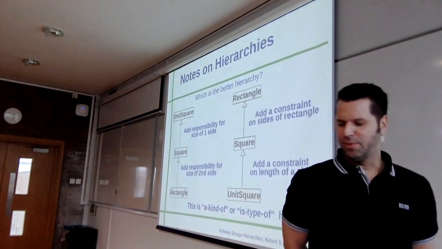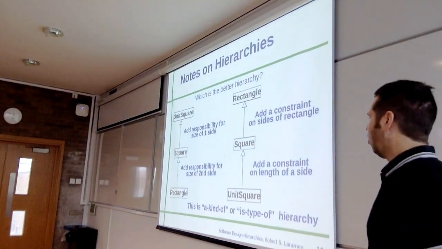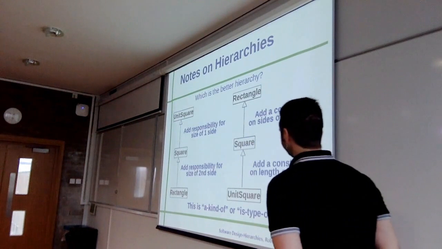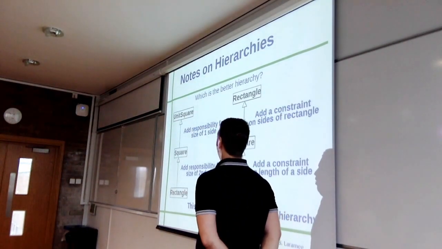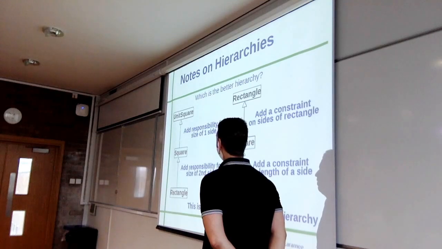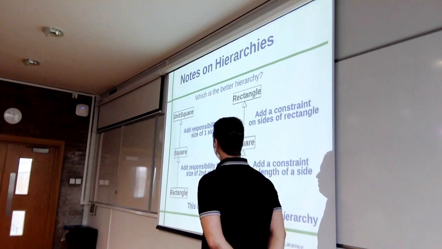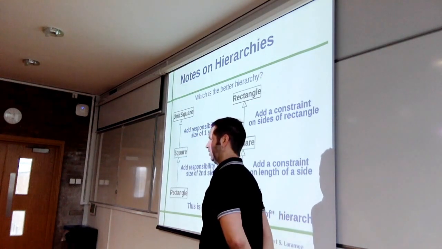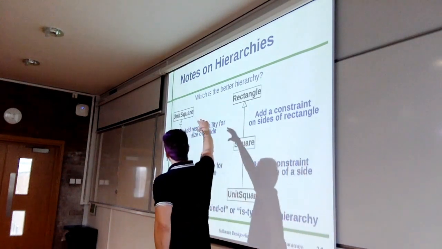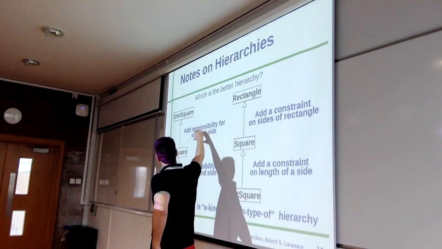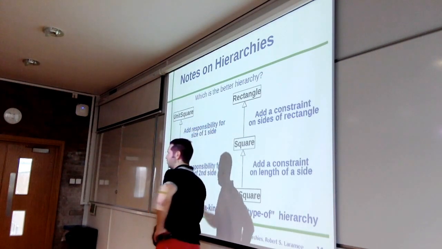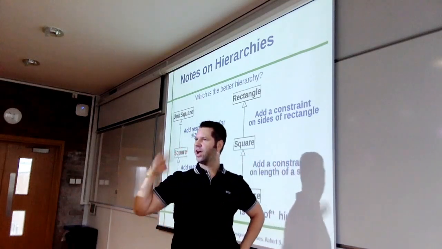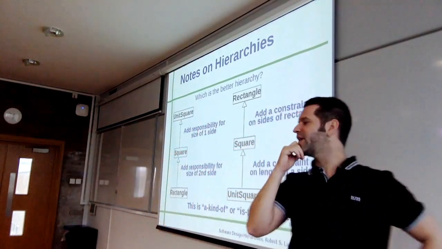So why do people pick the left one so often? I'm going to theorize that people see an increase in complexity. They think unit square is the simplest, square is the next simplest, and rectangle is the most complicated. Therefore, the hierarchy is in that direction.